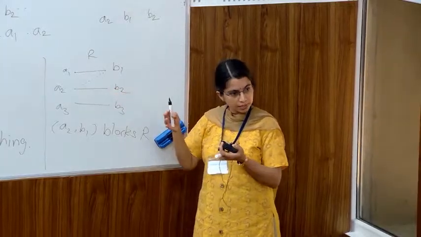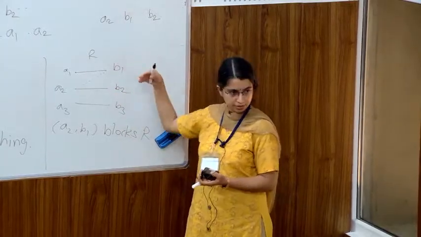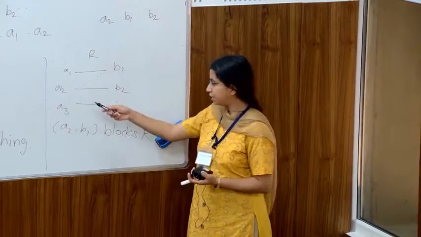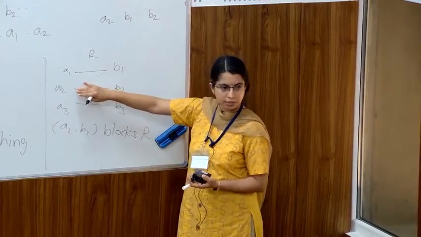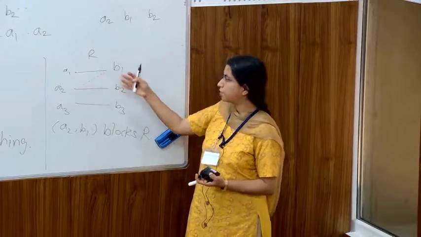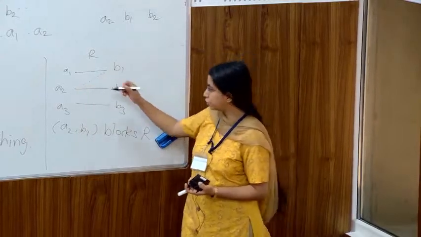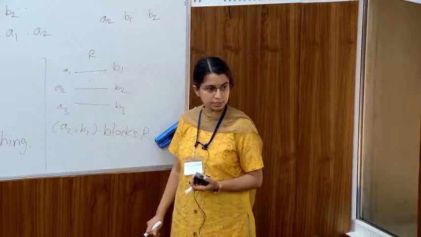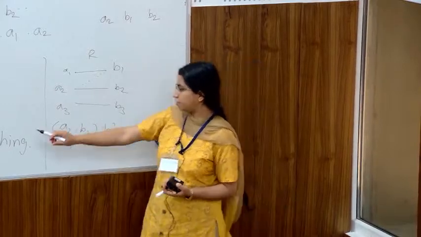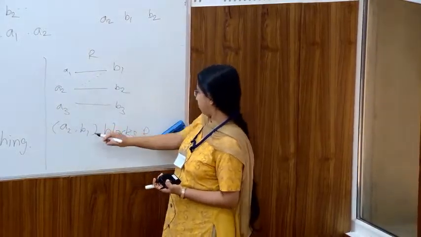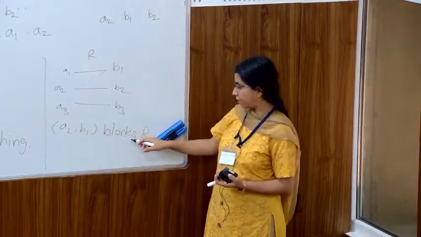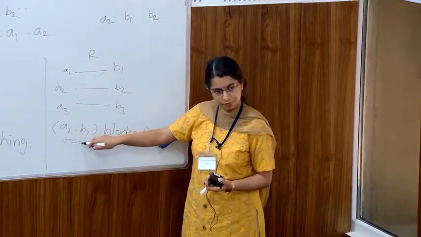Even if that R partner is empty, it is going to prefer B1. So even if it is not matched, you can say this is an empty partner that A2 got in R, and A2 of course prefers B1. And this has to be an edge in the graph in the first place. Yes. So if there is a blocking pair, which means this is an edge in the graph, but not in the matching.